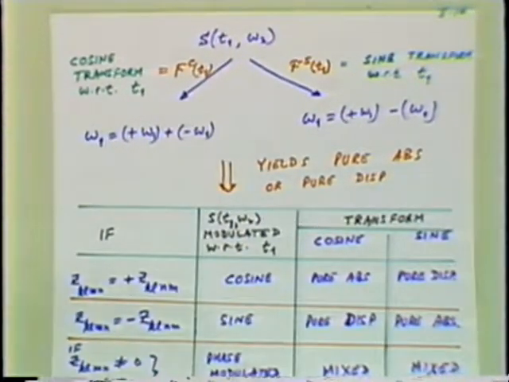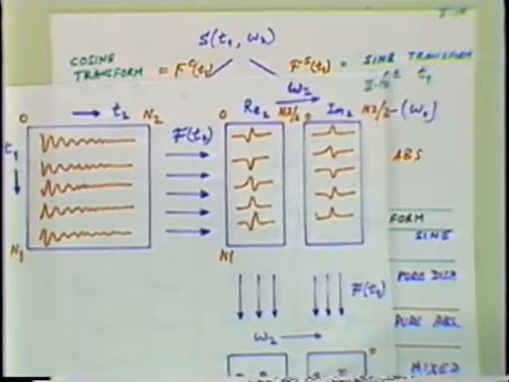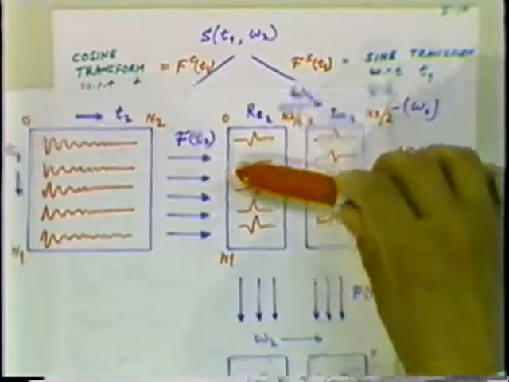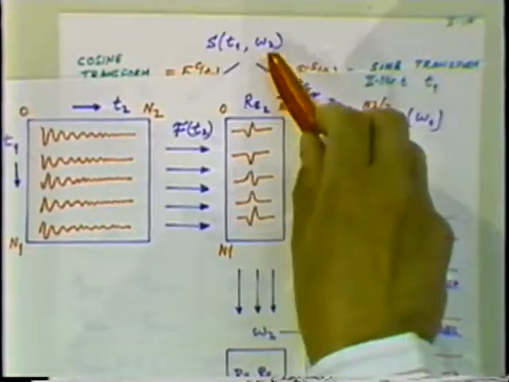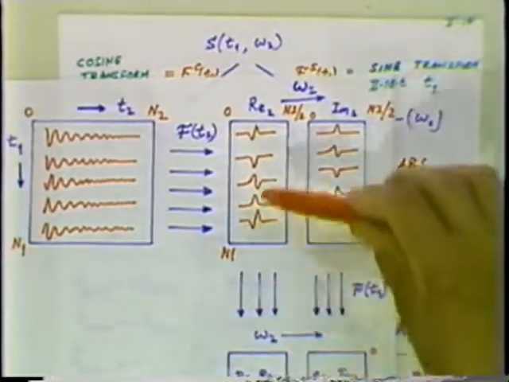We have, at this stage of the Fourier transform, let me show you, at this point, what we have is S_T1 omega 2 after the first Fourier transform, before the second Fourier transform.